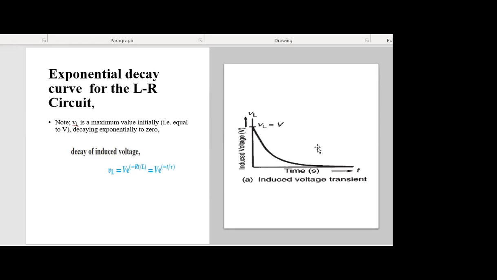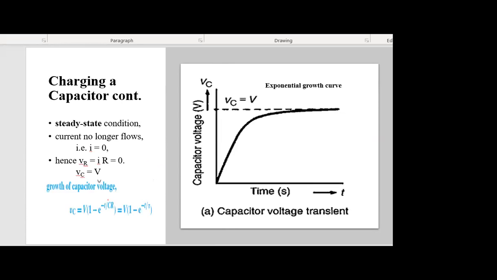When you compare the equations, you see that VC, when we go back and compare these equations, VC equals to V was okay. The equation for VC was an exponential growth curve. V was changing up to when it reached steady state.